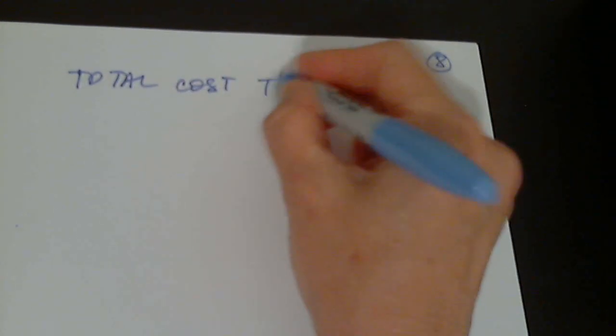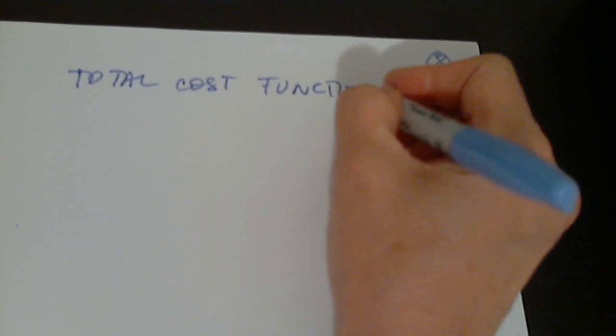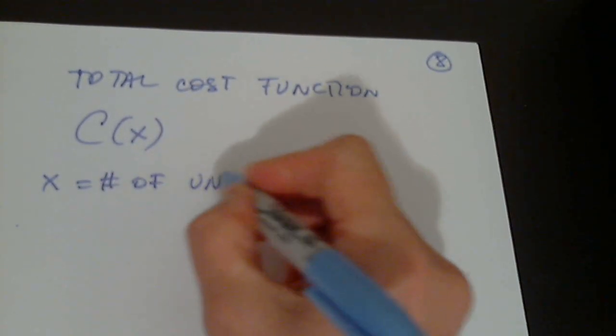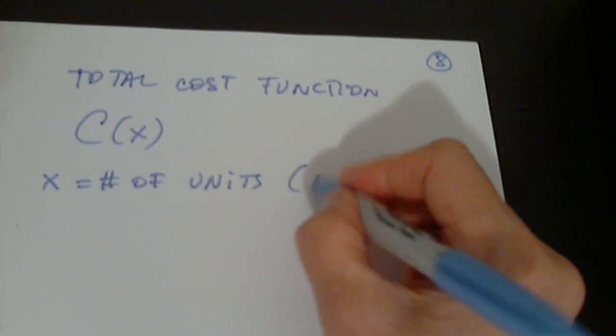Page 8. So before we do anything, I just want to refresh your memory that the total cost function, x is the number of units of whatever is produced.